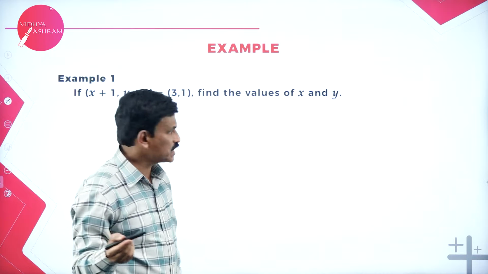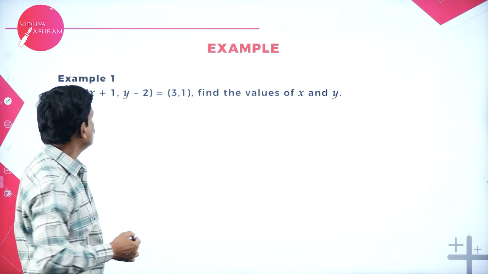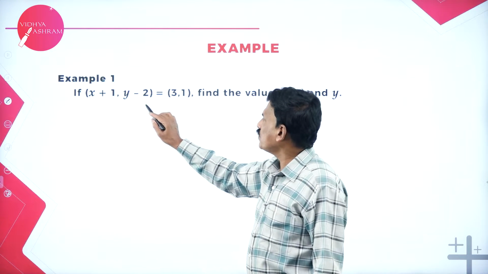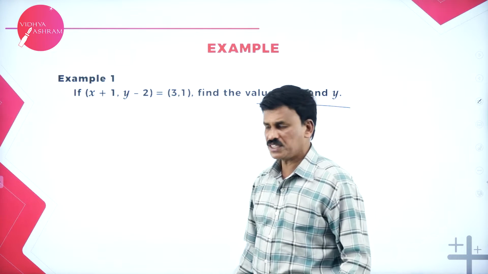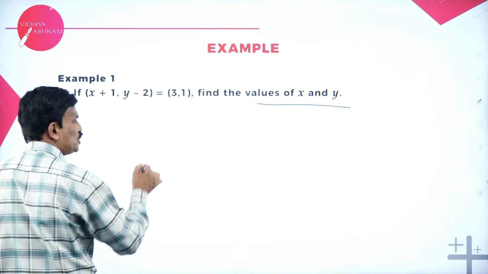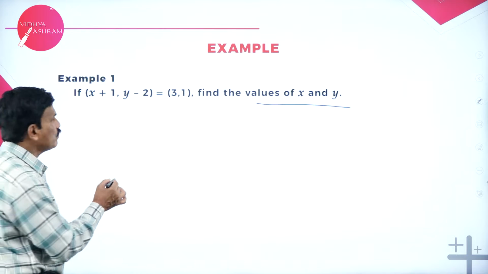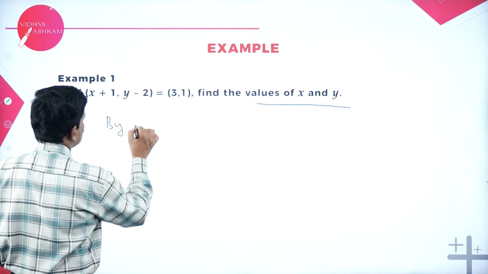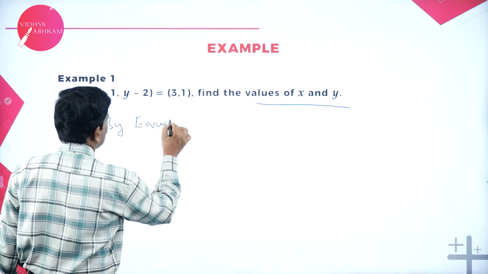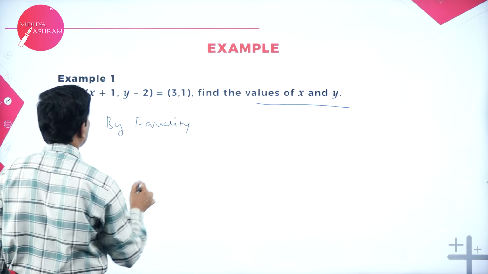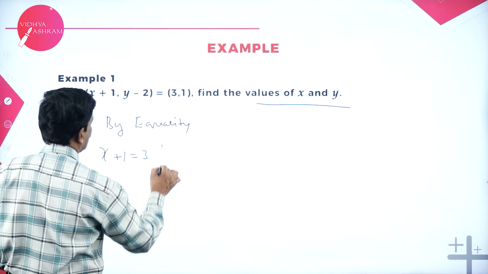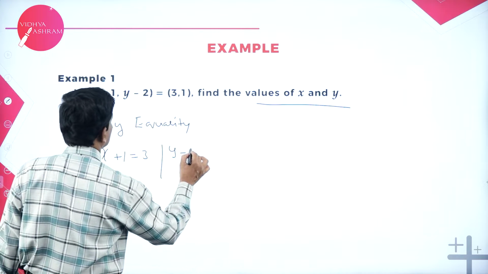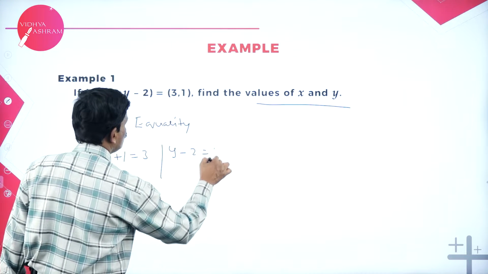Okay, let us come to the next problem. What is the problem given? If (x plus 1, y minus 2) is equal to (3, 1), find the values of x and y. So what is given here? By equality of these ordered pairs, x plus 1 is equal to 3 and y minus 2 is equal to 1.